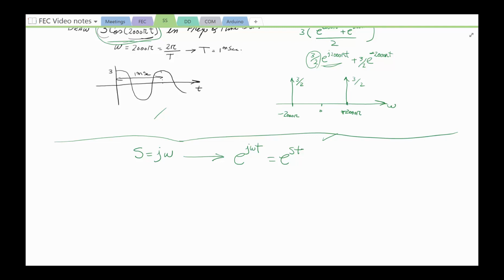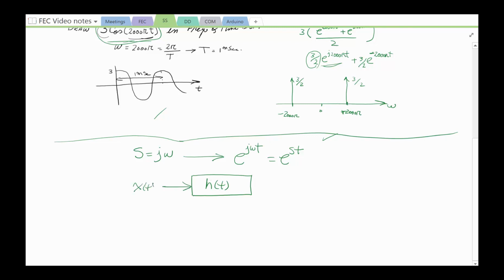And the next step is, remember when we had a system, and that system was an LTI system, of course, with the h of t in here, the impulse response, and then we had an x coming in here.